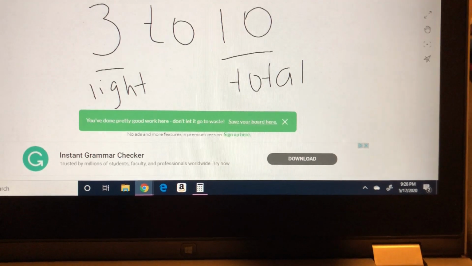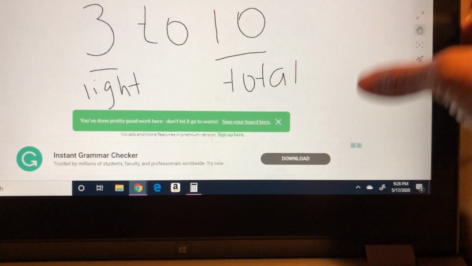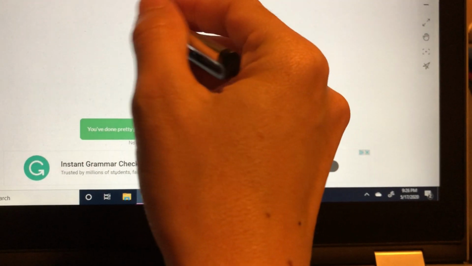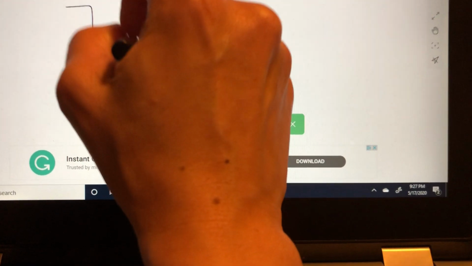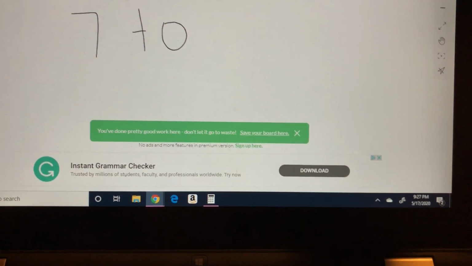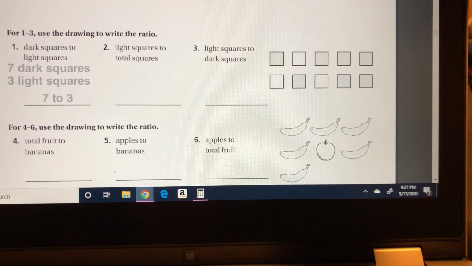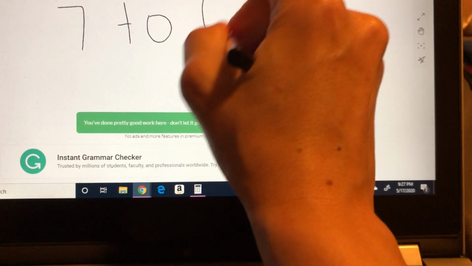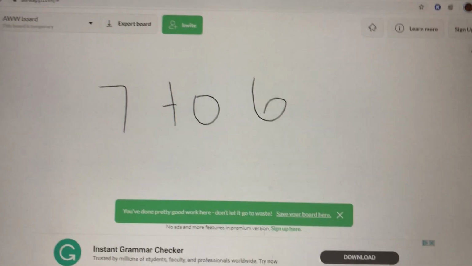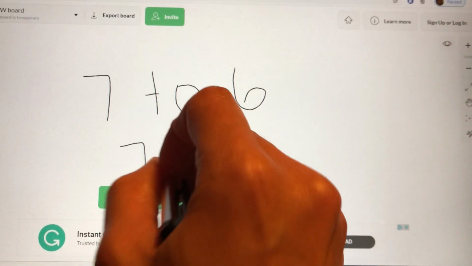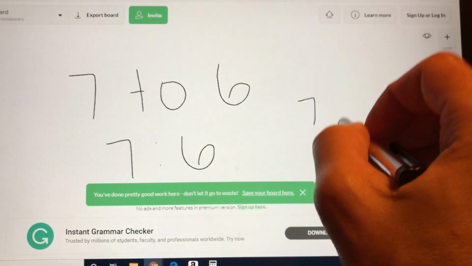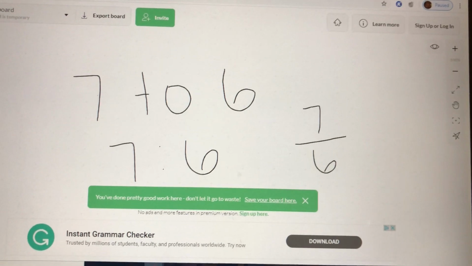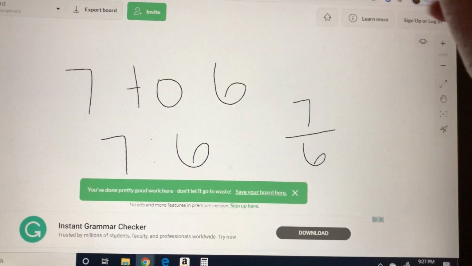So our ratio for that one would look like this. 7 to, and what was it they wanted? Bananas. So there are 6 bananas. Okay, now remember you could have written it like that. I could have written it with the colon, or I could have done it as a fraction. Either way is fine.